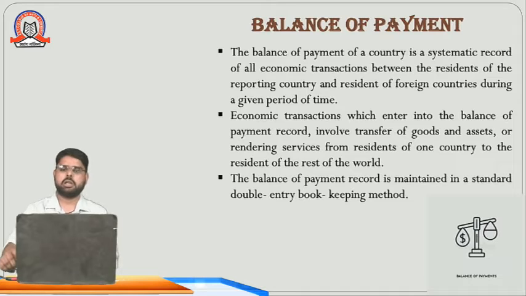So it is a transaction of one country to the rest of the world. It is a transaction between India and different countries, that is, how much India is importing goods and how much India is exporting goods. So this is the balance of payment, and it is always in the double entry bookkeeping system.